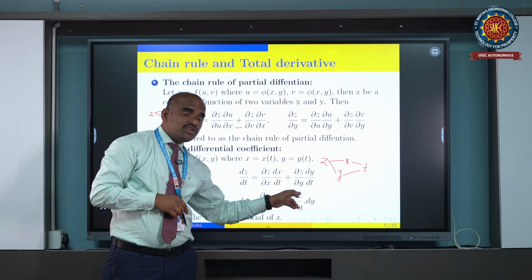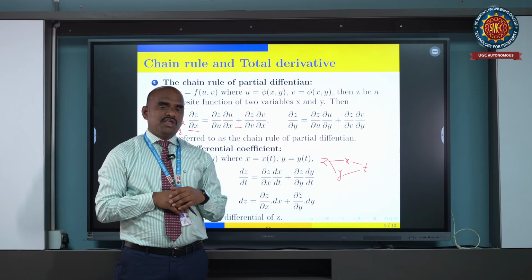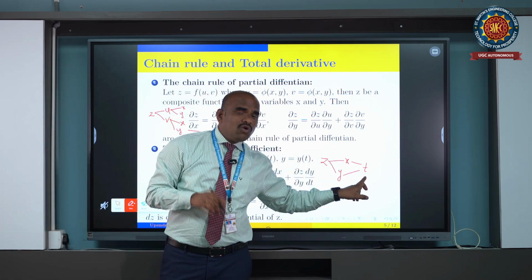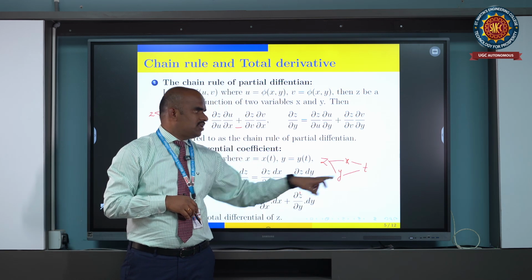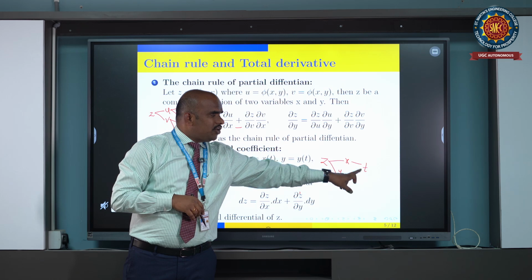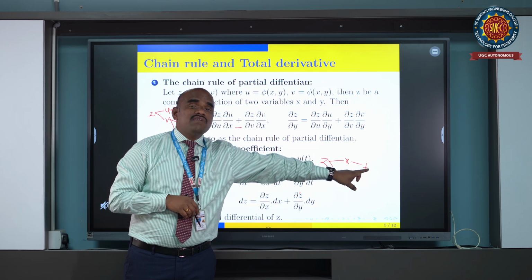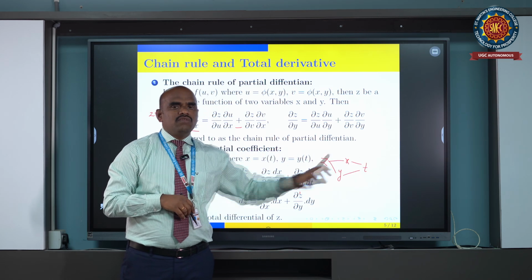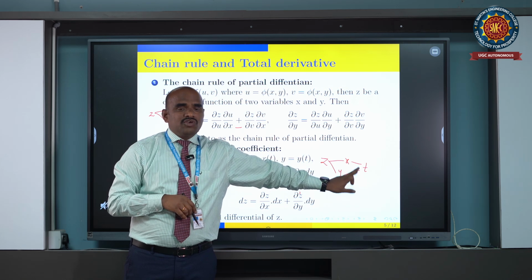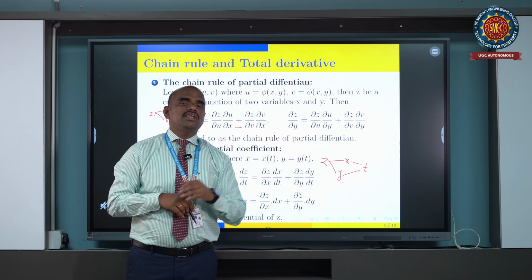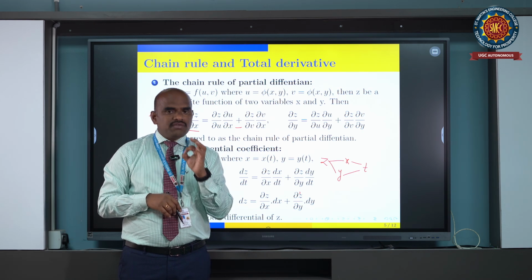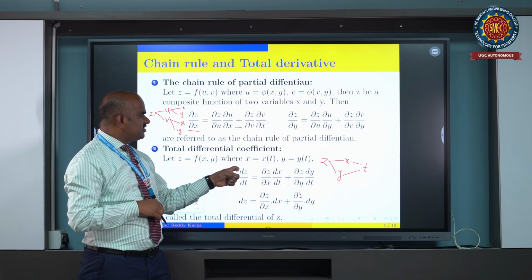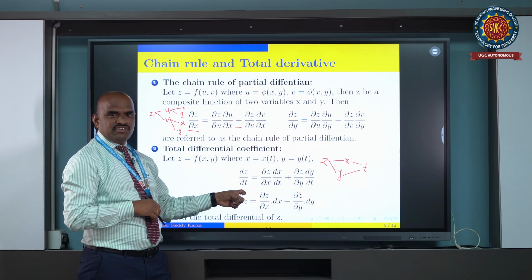It is a composite function of t only, and finally there is only one independent variable, t. So here the derivative of z with respect to t will exist. In case of a single variable, the ordinary derivative will come. So, only dz/dt will exist.